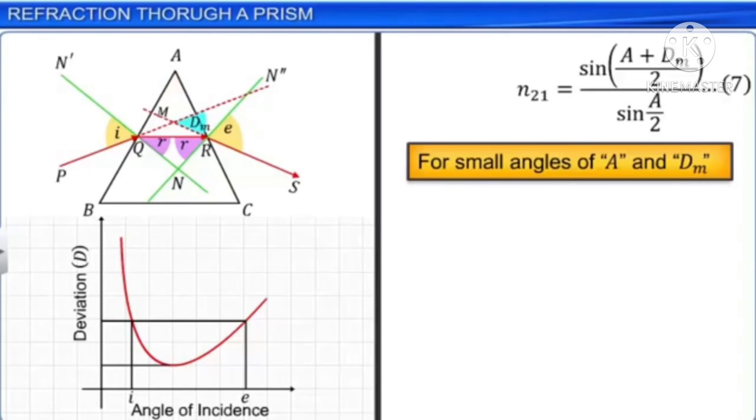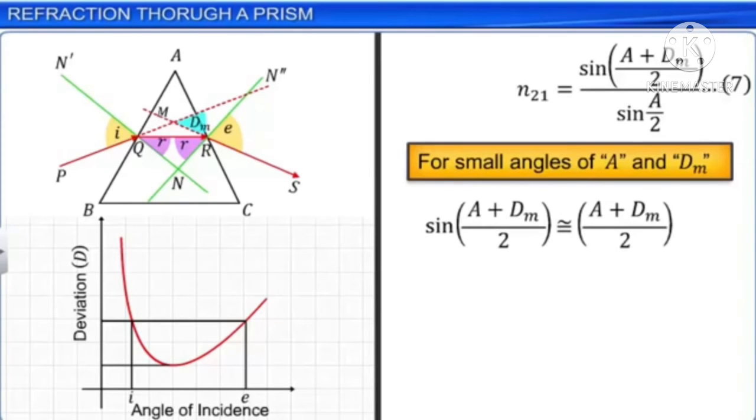Substituting these values in equation 7, we get n21 is equal to ((A plus dm) by 2) by (A by 2). On simplification, we get dm is equal to A into (n21 minus 1). Therefore, for prisms of small refracting angles, minimum deviation is small and is independent of the angle of incidence.